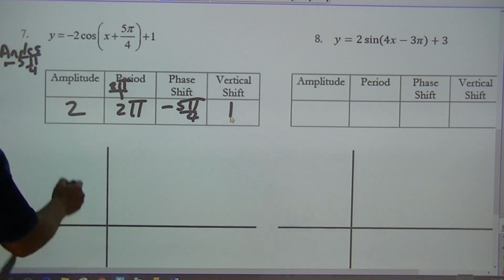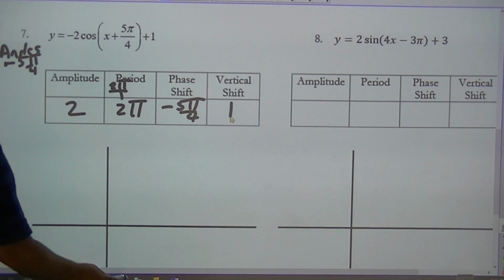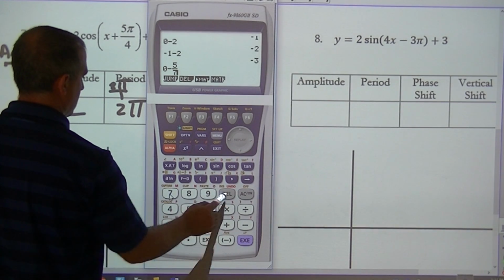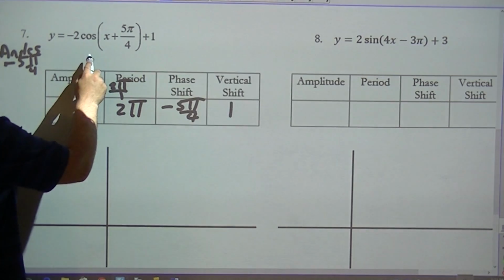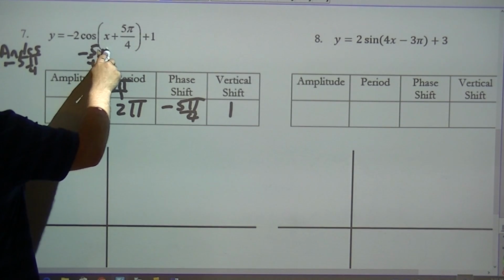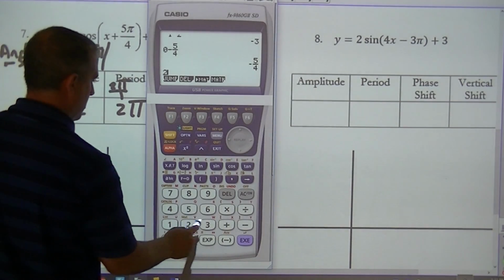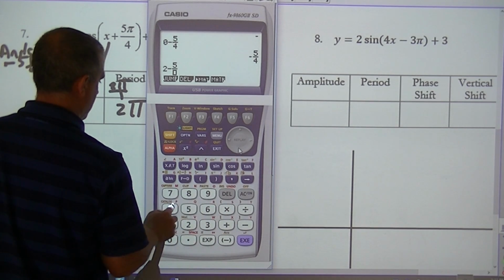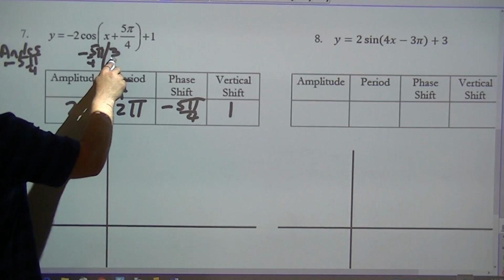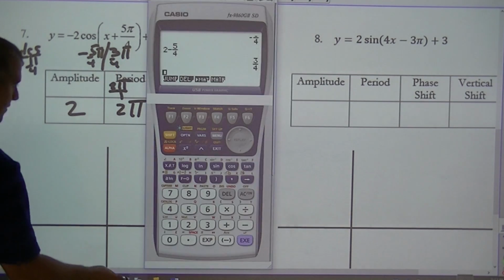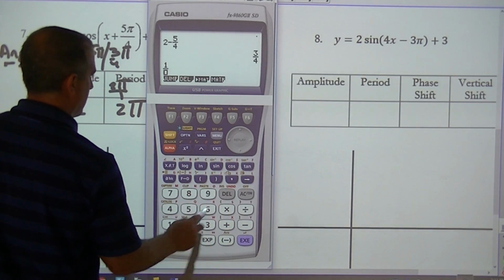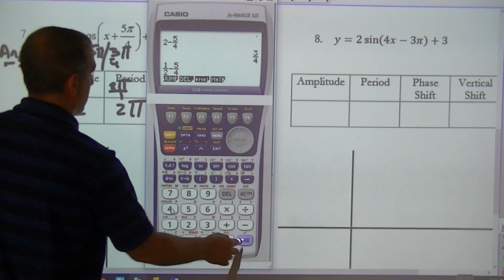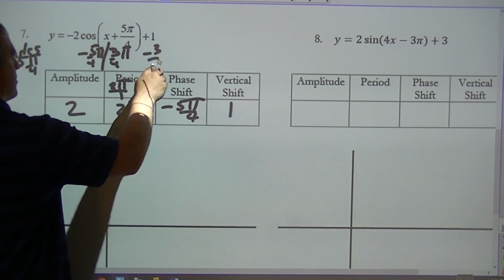What I'm going to do with all my angles is subtract by that. So 0 minus 5/4 is negative 5/4 pi. 2 minus 5/4 is going to be 3/4 pi. Then I would do a half minus 5/4, which is negative 3/4 pi.